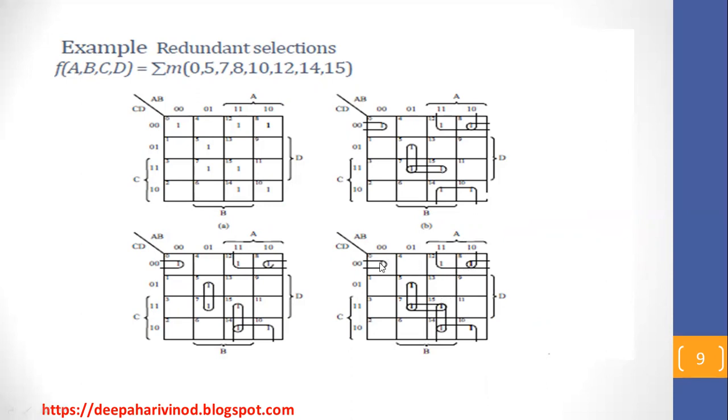But this is not a redundant group because this one is not included in any of the other groups. To group it with one or the other, we choose this cell as an adjacent cell and group with this one. Okay, so this is not redundant, but this group is a redundant one. Hope you are following.